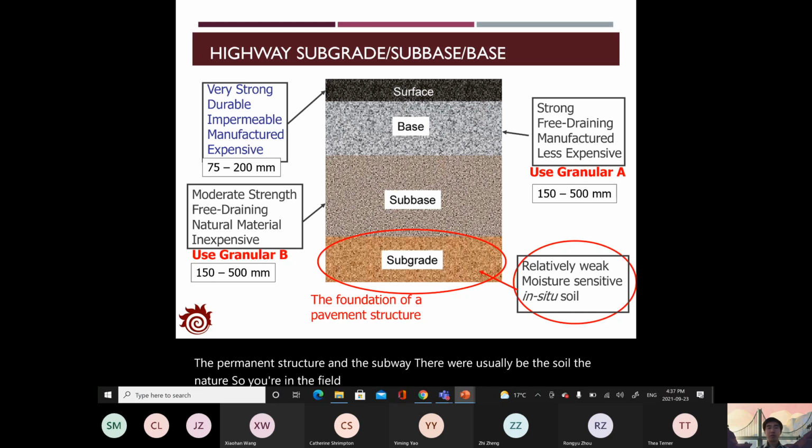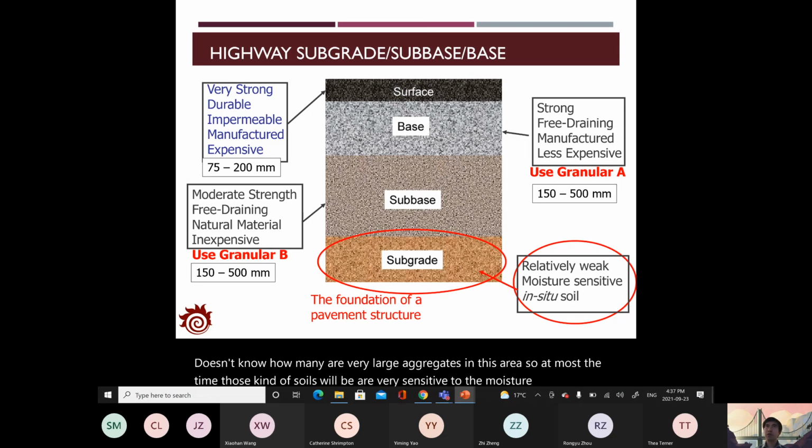Most of the time, we will apply some compaction to the in situ soil. As we know, the natural soil in the field does not have any very large aggregates in it. So most of the time, those kinds of soils will be very sensitive to the moisture content.